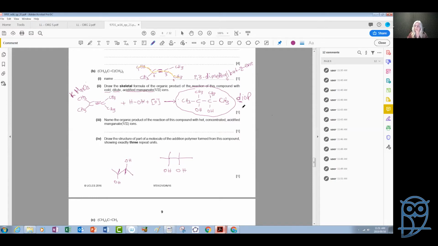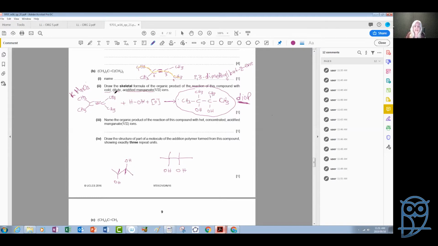The product is always a diol, okay, which we got there, and it comes from the addition of water, the hydroxide is from the water, and the double bond breaks. Now the next question says, name the organic product of the reaction of this compound with hot concentrated acidified manganate ions.